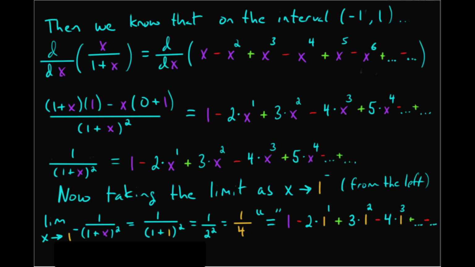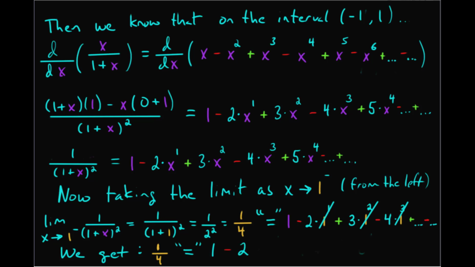And now the number 1 raised to any power just equals 1. So we get that 1/4 equals the quote-unquote sum, the generalized sum of the series 1 minus 2 plus 3 minus 4 plus 5 minus 6 plus dot dot dot.